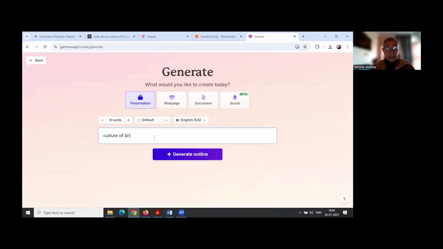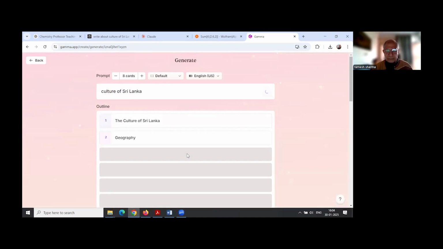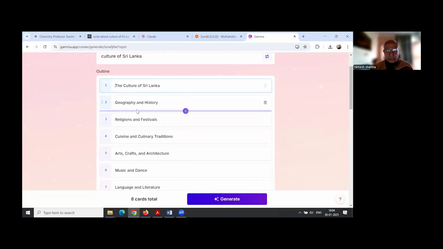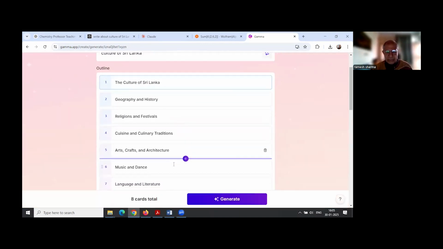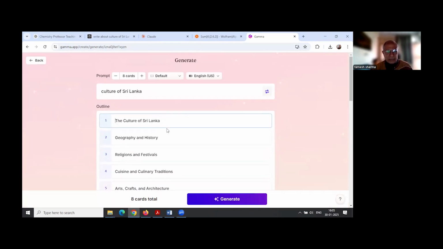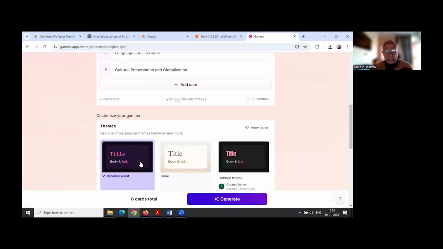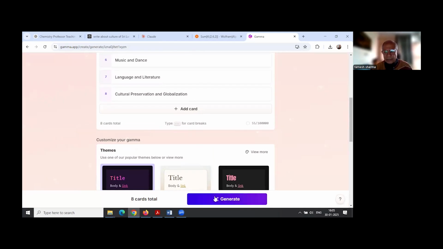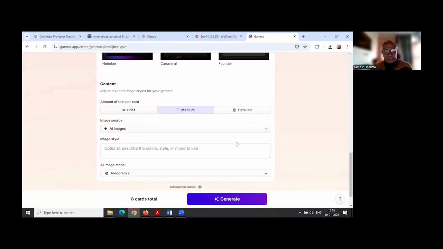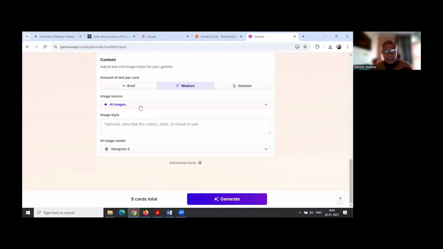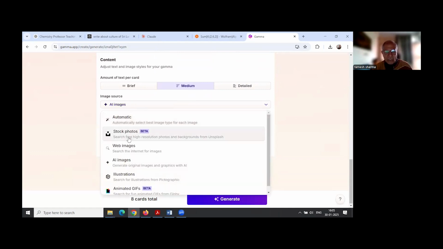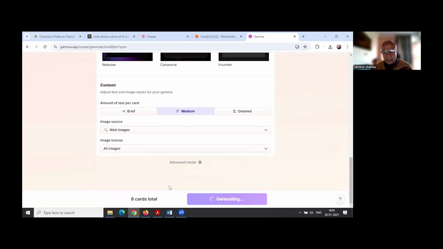So you can say culture of Sri Lanka and generate outline. So culture, geography, history, religion, cuisine, etc. If you are happy with this, then you can go with the advanced options, what kind of theme you want. And then here, medium: AI images, or you can take web images or stock photographs, for example web images, and then click on generate.